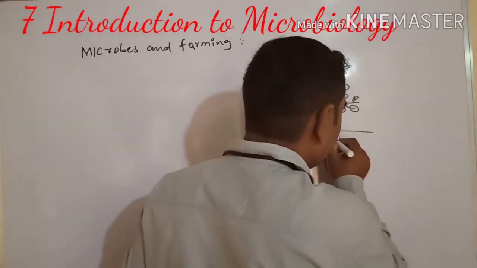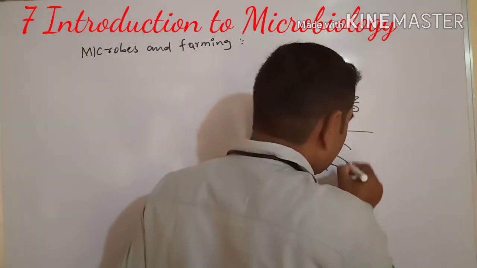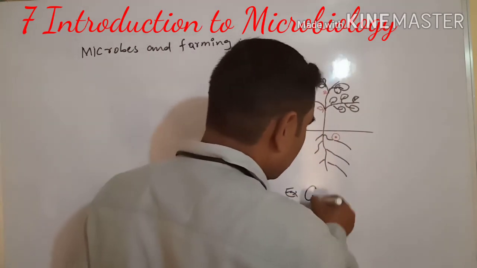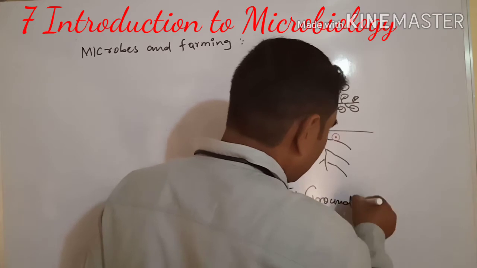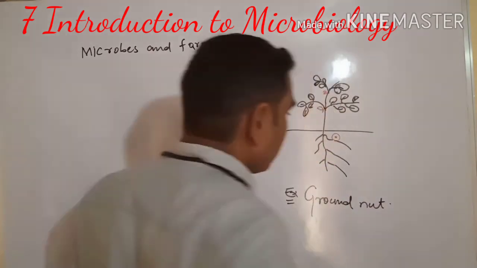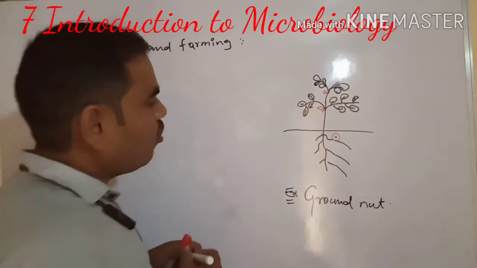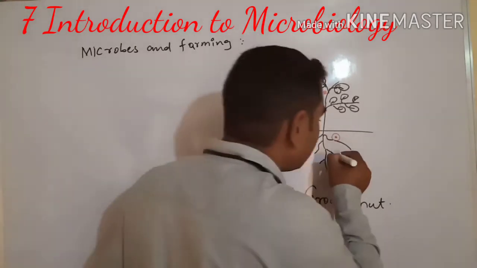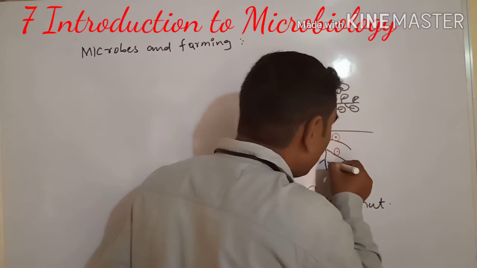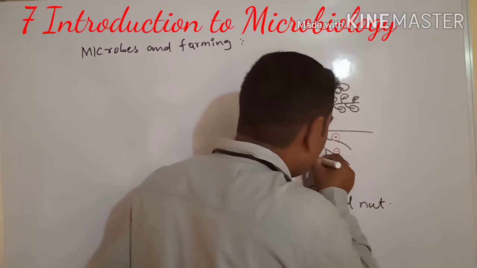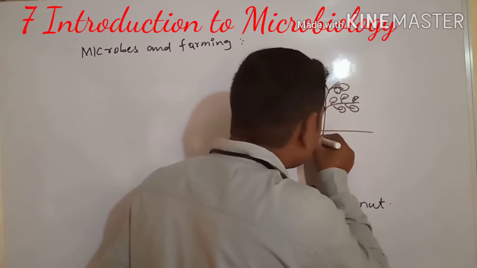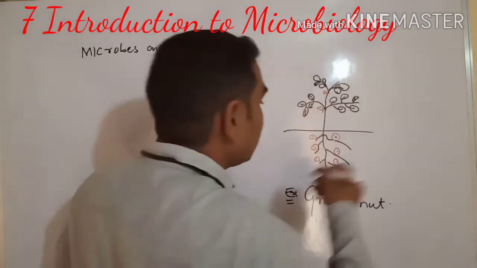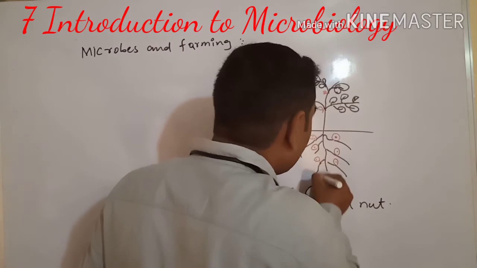We are taking groundnut as an example, but we have to see a number of plants, for example moong, udad, soya bean. See, here these are the root nodules.